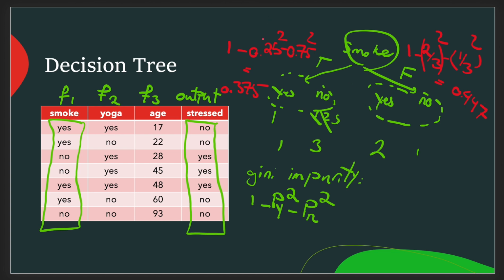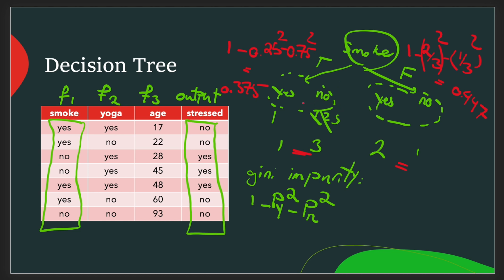Okay, cool. So we have the Gini impurity of this node, and the Gini impurity of this node. And now what we need to do is calculate the weighted average, because we have 4 people in this class and 3 people in this class. Note that we want to calculate a numerical number for this feature, smoke, whether they smoke or not.